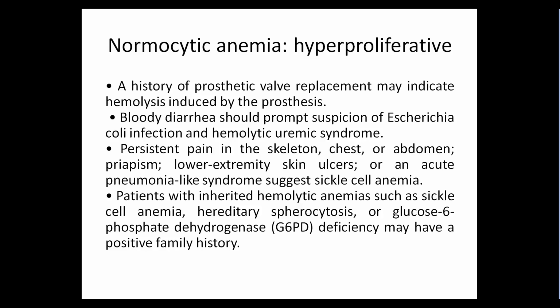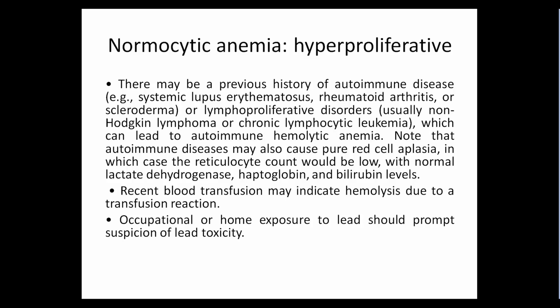Patients with inherited hemolytic anemia such as sickle cell anemia, hereditary spherocytosis, or glucose-6-phosphate dehydrogenase deficiency may have a positive family history. There may be a previous history of autoimmune disease or lymphoproliferative disorders, which can lead to autoimmune hemolytic anemia.